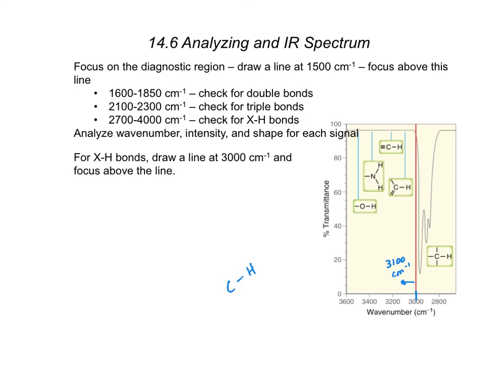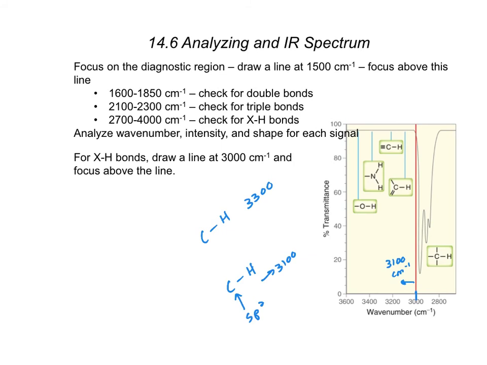sp3. So sp3 is right here at 2900, right? If we were above 3000, specifically at 3100, what type of orbitals was this carbon utilizing? Not sp3, but sp2 and sp. sp2, right? So for 3100, this was sp2 hybridized carbon-hydrogen, right? So this is 3100. What about 3300?